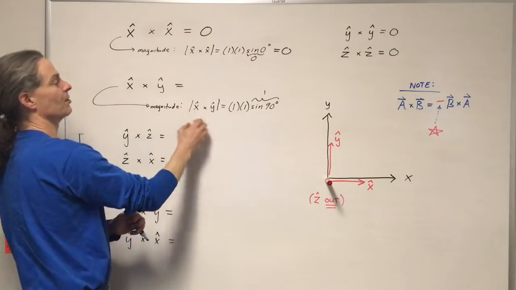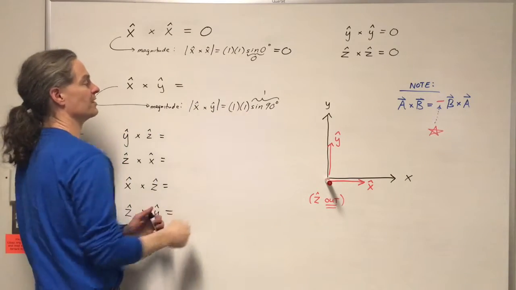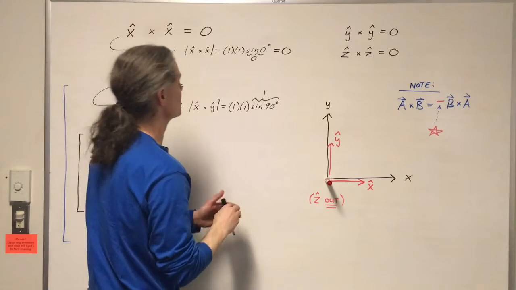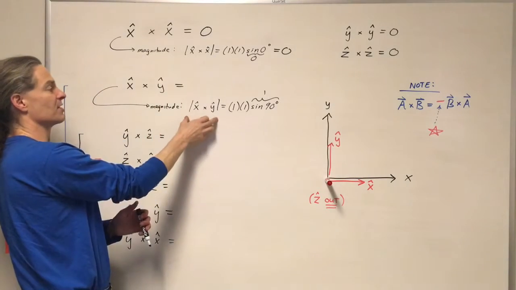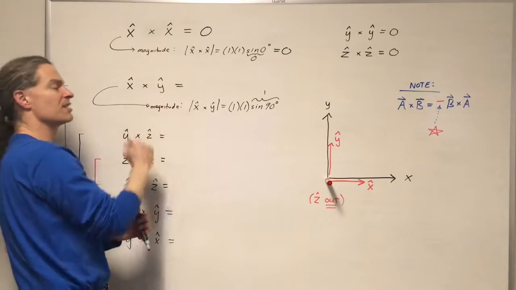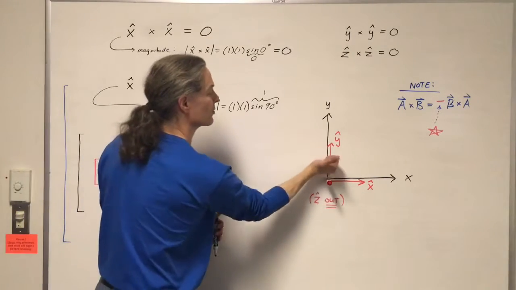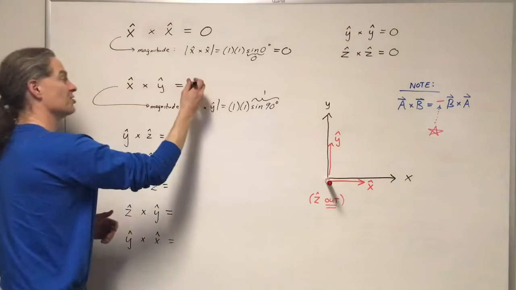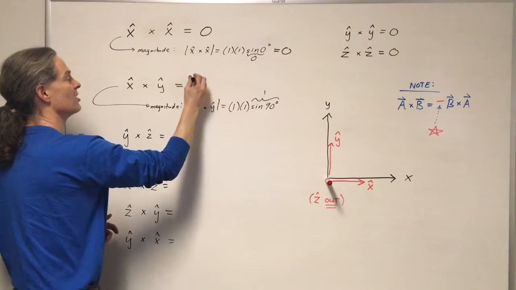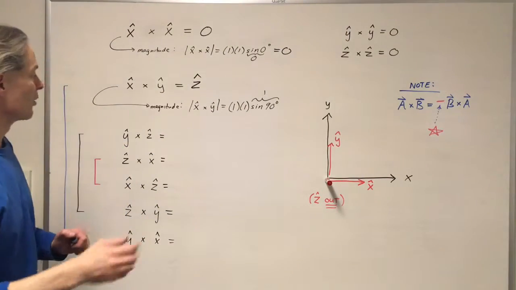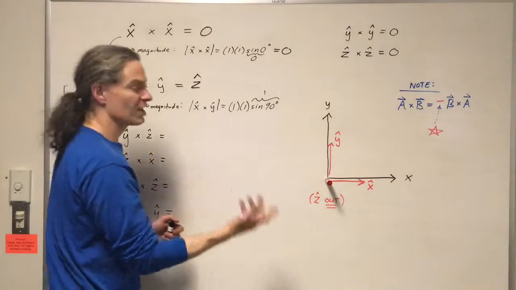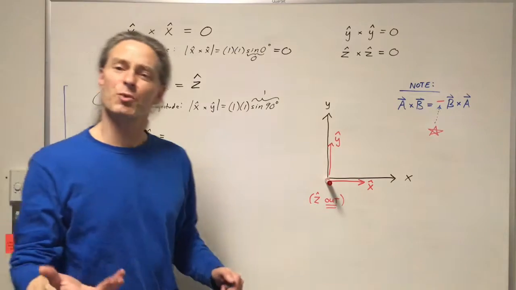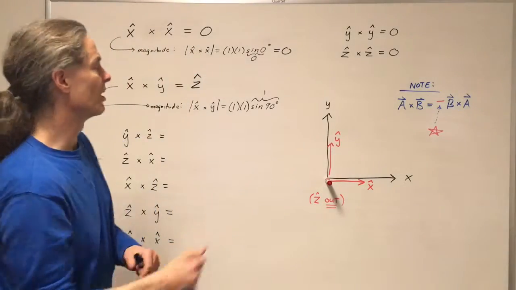That's the angle that goes in this formula, sine of 90 degrees. Sine of 90 degrees is 1. So the magnitude of this cross product is 1. We already worked out the direction, the z direction. Magnitude 1 in the z direction is just the z hat unit vector. In all these that follow, we're always going to have a magnitude of 1. We'll just work out the direction using the right-hand rule.